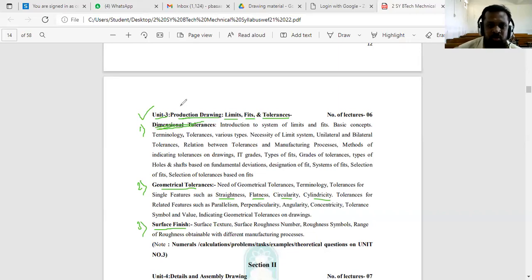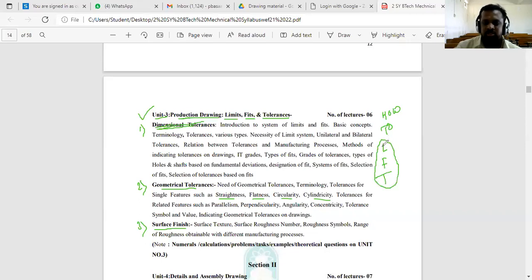What is the reason why the university has added this unit number 3 in your syllabus? The objective is that after studying this unit, the student will be able to know how to apply limits, fits, and tolerances to the various machine components.